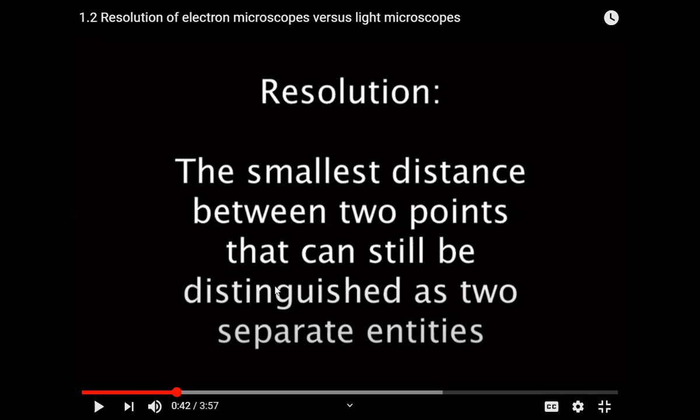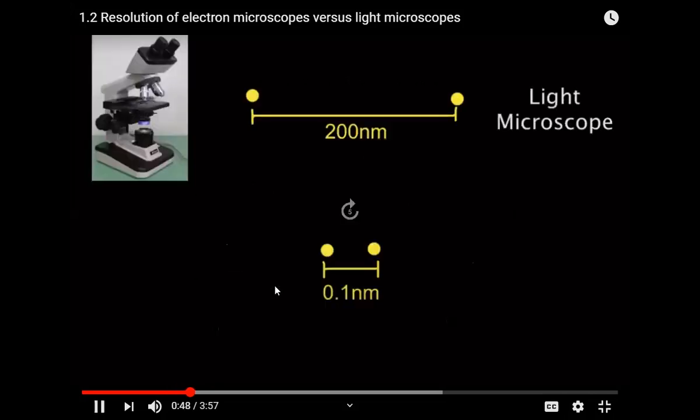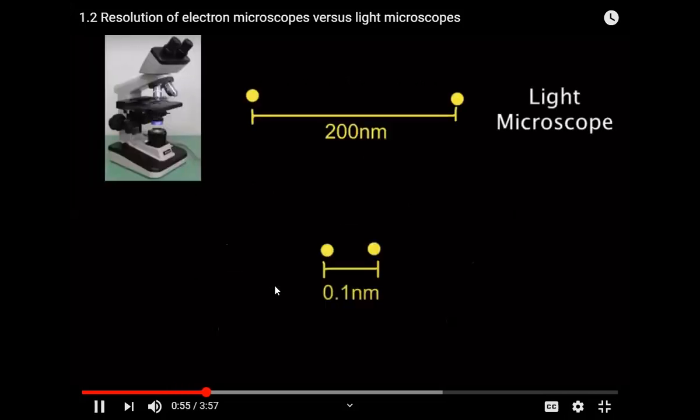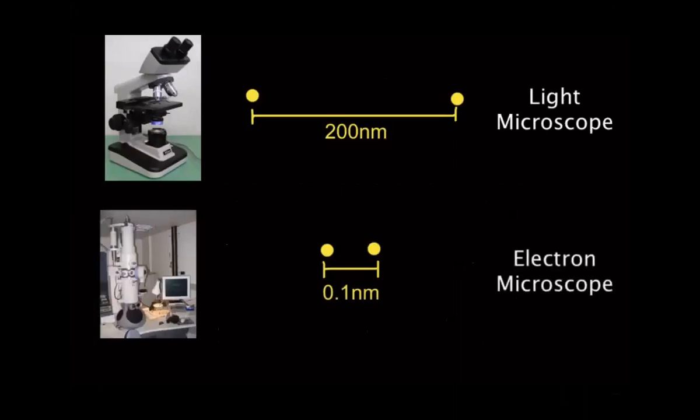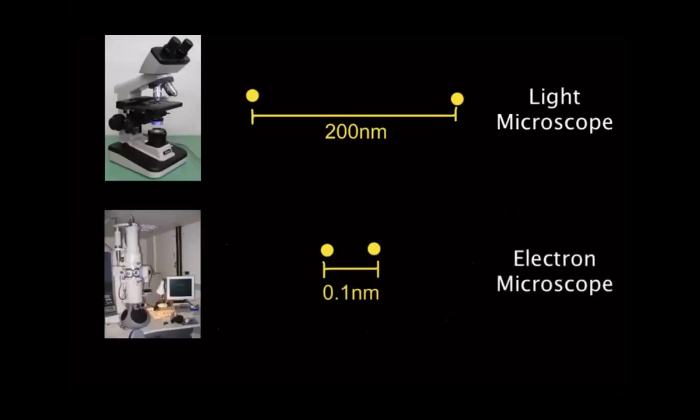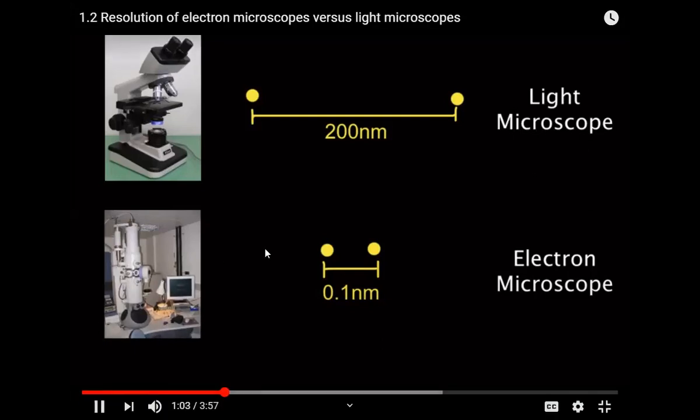And remember that resolution and magnification are very different things from each other. So but for an electron microscope, it can go much further than that. It has a higher resolution. It can tell apart 2 points that are just 0.1 nanometers apart.